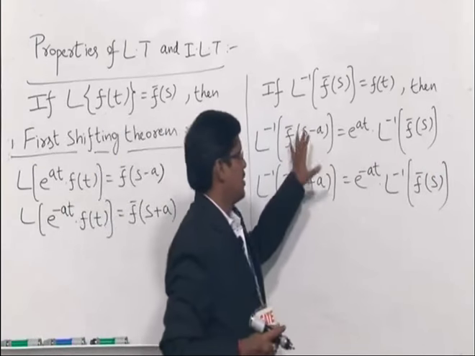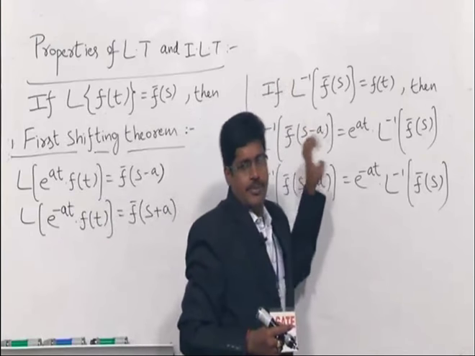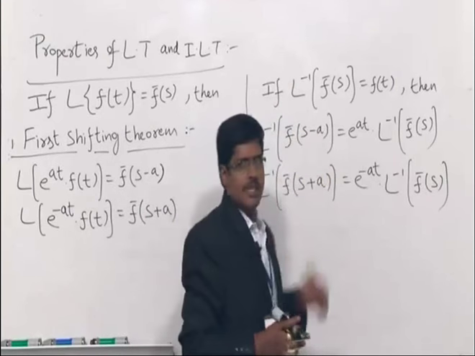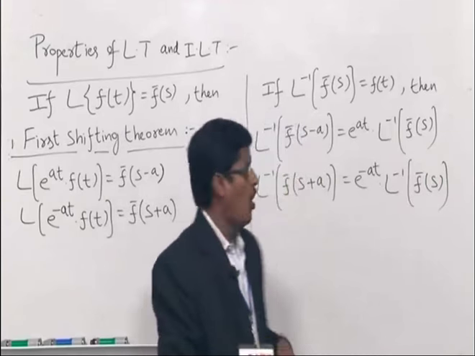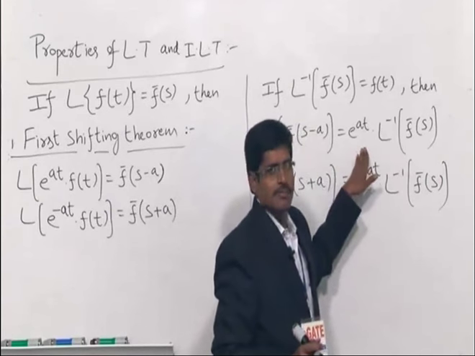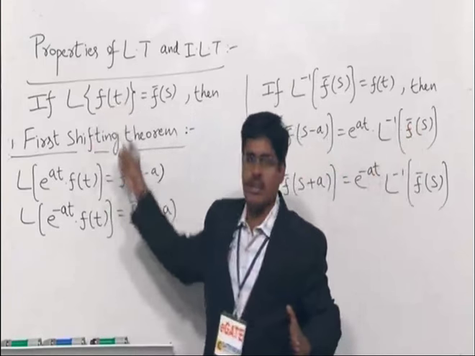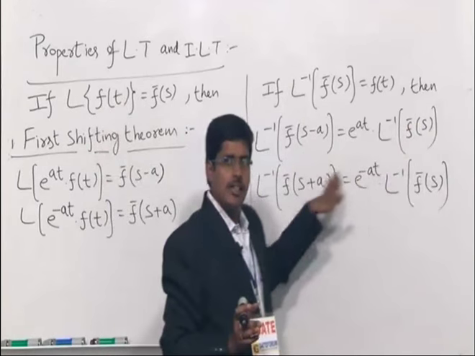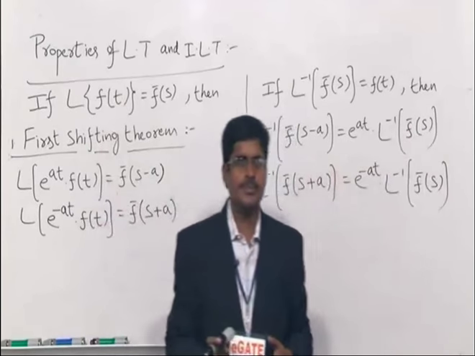See, in an inverse problem, how do you identify? By the first shifting theorem, all s terms inside the L inverse operator, numerator and denominator, are in the form of s minus a, or all are in the form of s plus a, but not both. In this case, first write e power at, then the same L inverse, where s minus a is replaced by s. In the other case, e power minus at, and s plus a is replaced by s, just the reverse order.